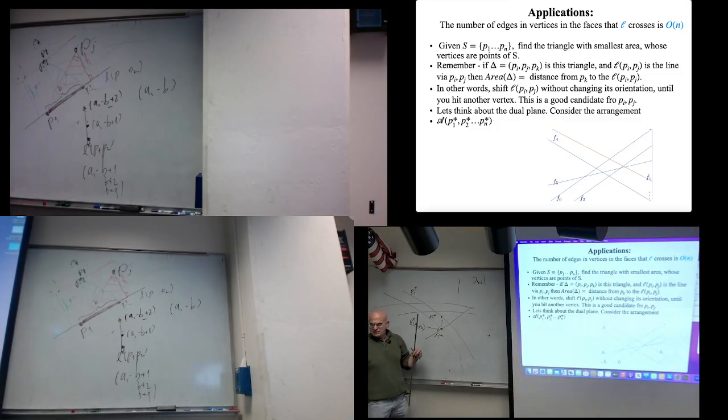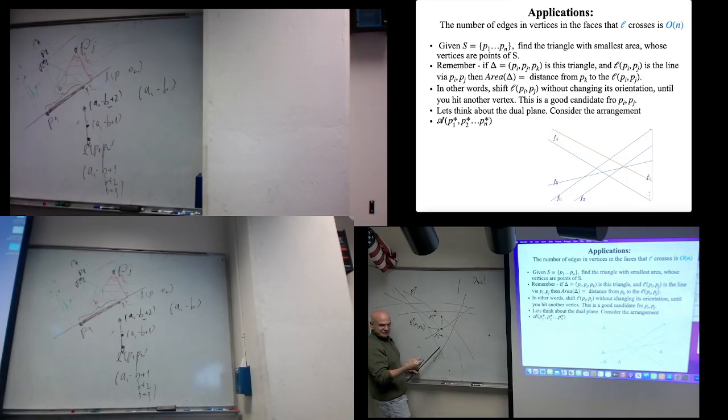So let's summarize. What's the problem in general? I don't know that P1 and P2 were the correct pair that describes the smallest triangle. So what I'm going to do is check every triple of vertices, but limited to those where this shifting process for Pi, Pj will hit one of the other points, which in the dual plane boils down to picking every vertex of the arrangement.